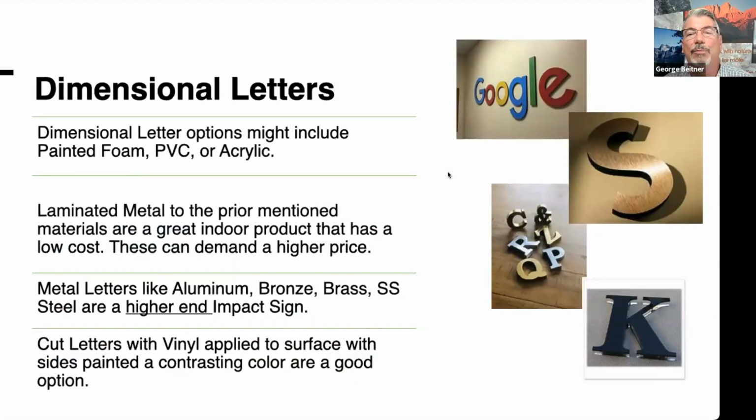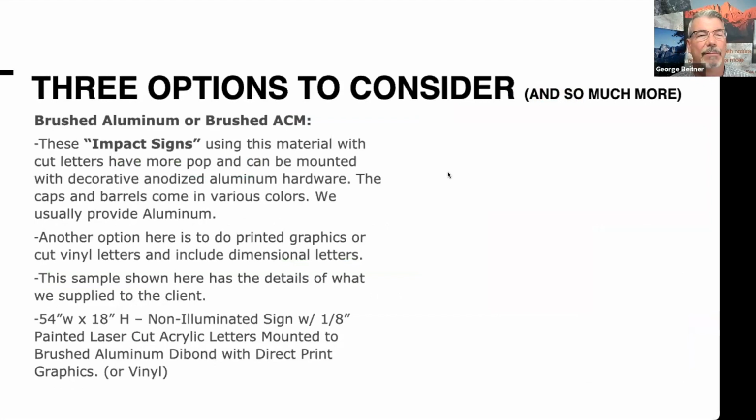Cut letters with vinyl applied to surface with sides painted a contrasting color are a good option. Another ease of use sign that can be fabricated is dimensional letters on brushed aluminum background or clear acrylic with standoffs. This is a great option if they feel they'll move soon and can relocate the sign easily, as opposed to the letters that are double stick taped and glued to the wall.